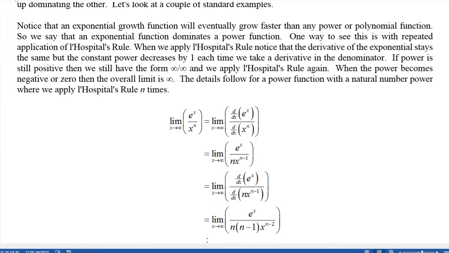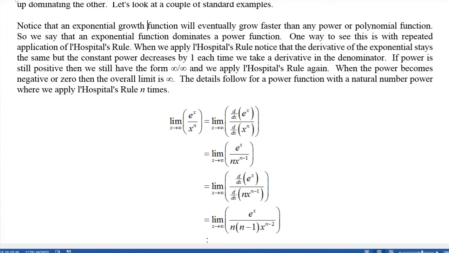So if you take the limit as x goes to infinity of e to the x over x to the n, with any power function where n is a positive power, both the numerator and denominator are increasing, approaching infinity, so we have the form infinity over infinity, and we apply L'Hopital's rule. Look what happens. The derivative of e to the x is e to the x. The derivative of x to the n is n times x to the n minus 1.